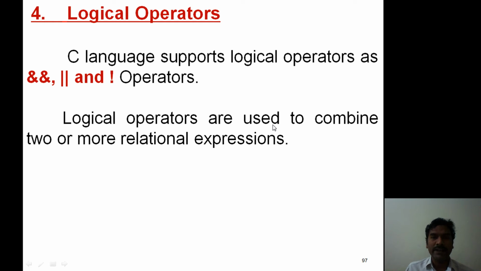Logical operators are used to combine two or more relational expressions. Now we are familiar with relational expression. So to combine two or more relational expressions, we use logical operators.